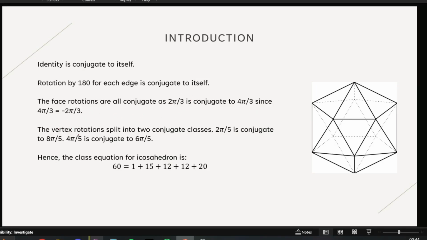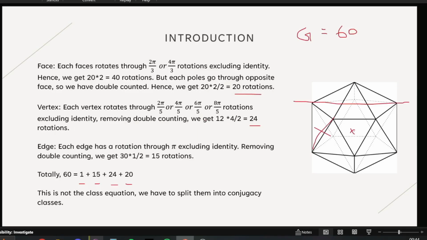And then if we take vertex rotations, they split into two classes. For the vertex, we had 4 rotations. These two form an orbit, and this middle one forms another orbit. So we get 2 orbits for the vertices.